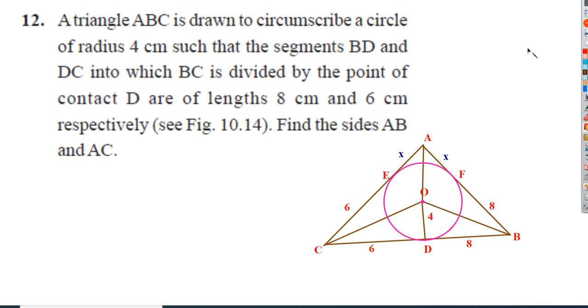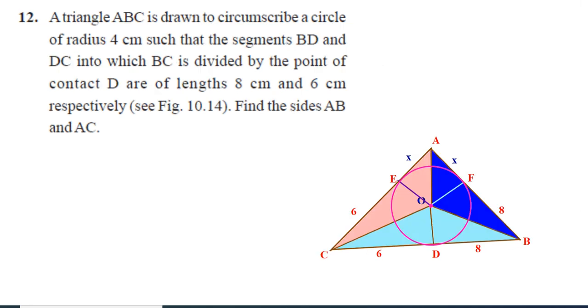This is the area of triangle OBC. Similarly, you can find the area of BOA by half into AB into OF, and the area of AOC by half into AC into OE. Then add these three areas, you will get again an equation in X.